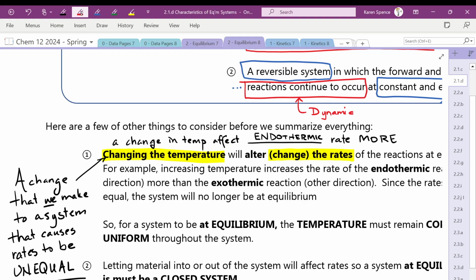And that is called a stress. So for example, changing the temperature is a stress because it increases the rate of the endothermic reaction more than it increases the rate of the exothermic reaction.